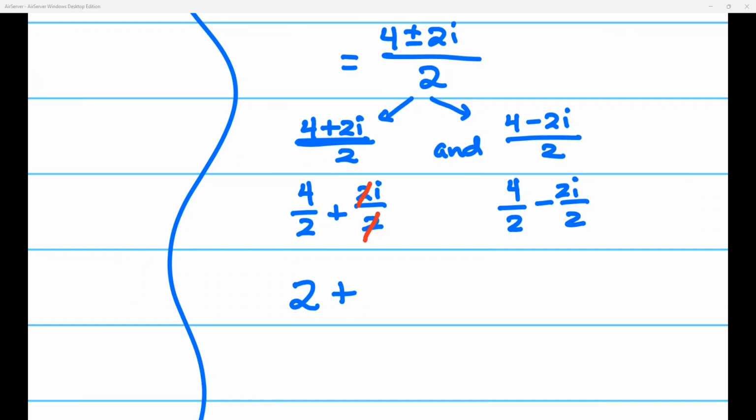These 2's are going to cancel, and you're left with just i. And same thing here, 4 divided by 2 is just 2. And then these 2's are going to cancel, and I'm left with just minus i.